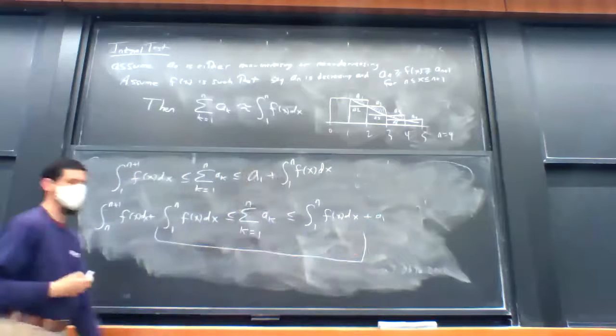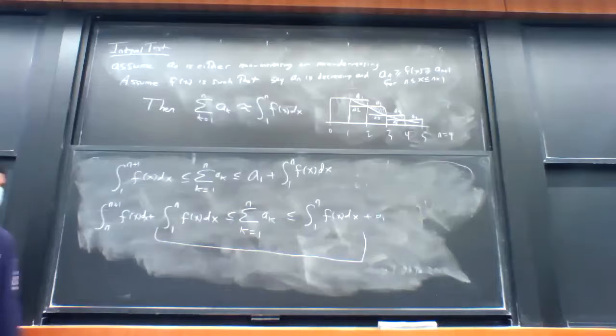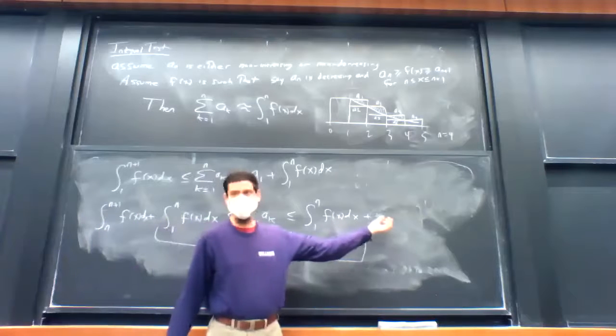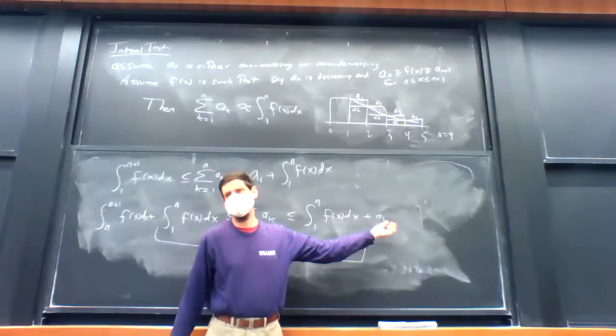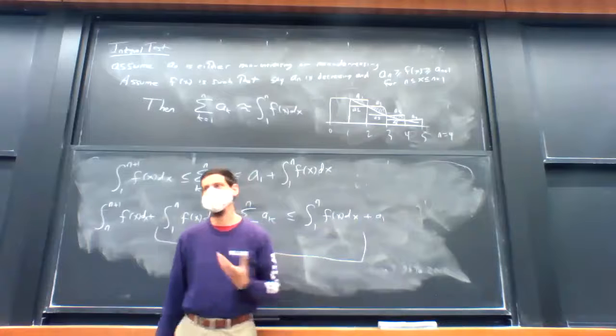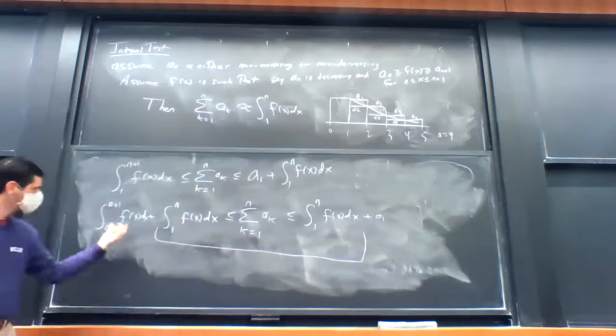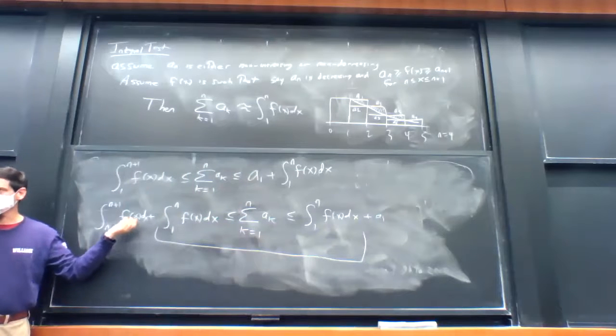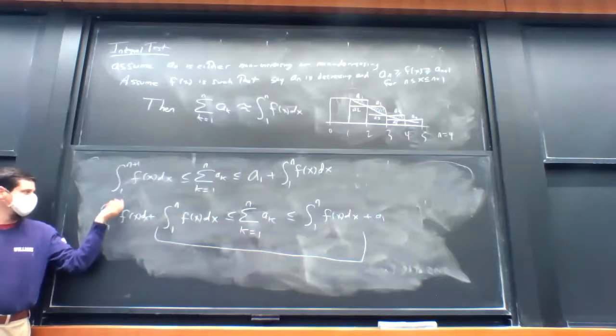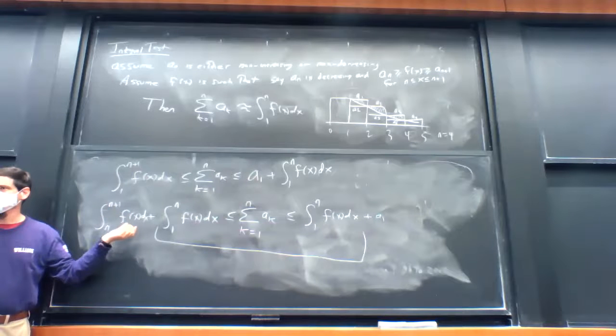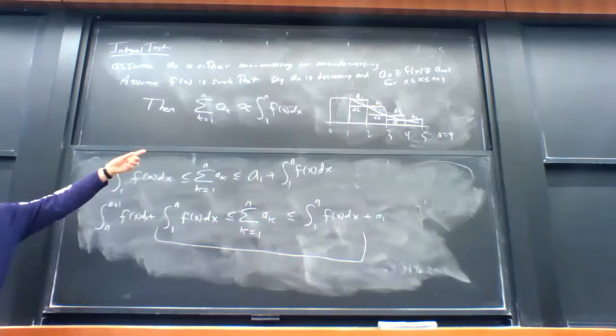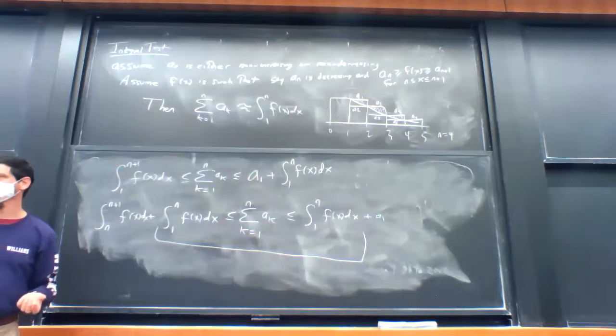So really, this is the part that really matters. If I add a little extra term a1, is that going to affect whether or not something converges or diverges? No, a1 is a fixed amount. And similarly on this side, if my function f is decaying, then f is going to have to be going towards 0 because we know f of x in each range is at most an.